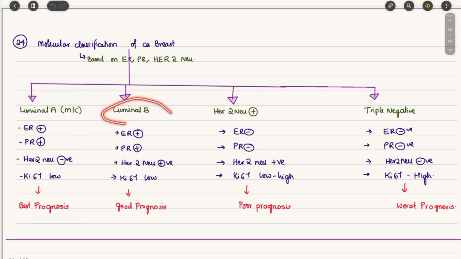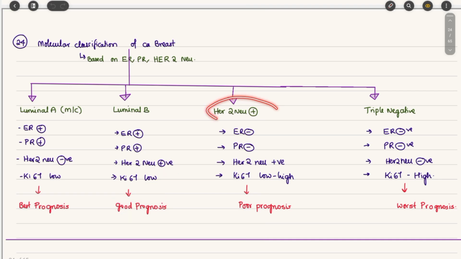Coming to luminal B, it is also ER, PR positive, HER2 positive, that is triple positive. And Ki67, that is the proliferation index, is low and hence it is a good prognosis.